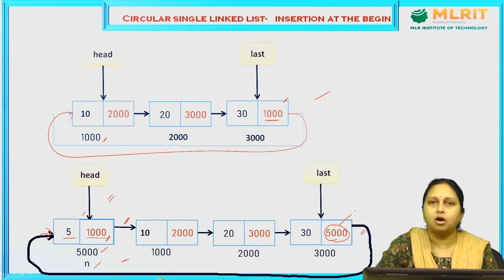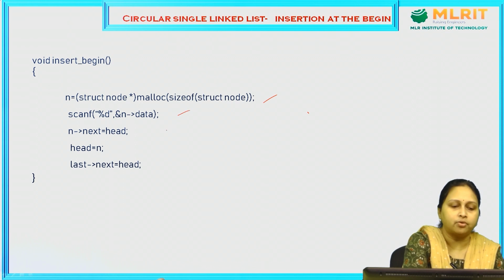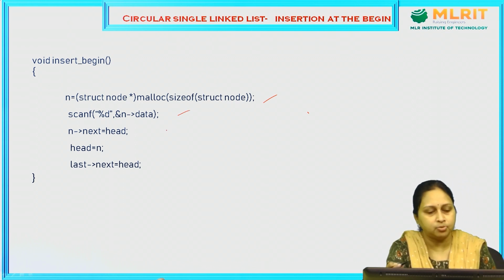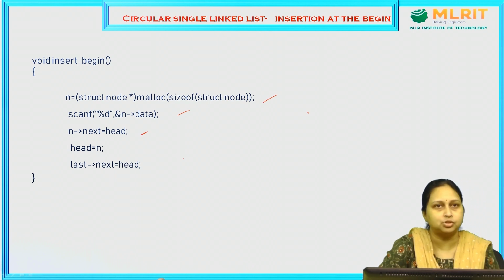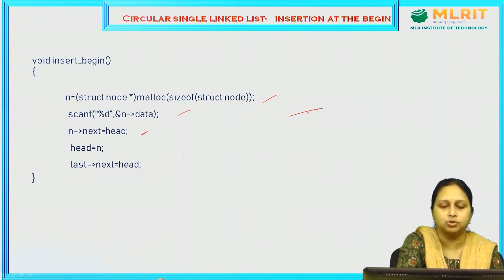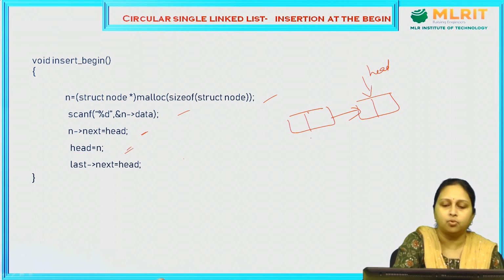Now how are we going to write the code here? Let us see. These are the steps we use for allocating the memory and reading the data part. And this one, n arrow next equal to head, makes the connection from the node which we have created to the already existing head node. And head equal to n: the new node you have created becomes the head node.